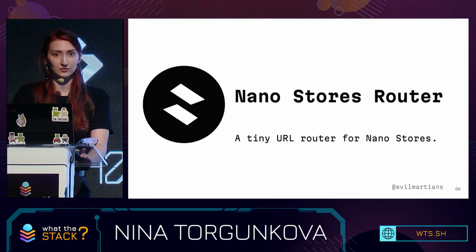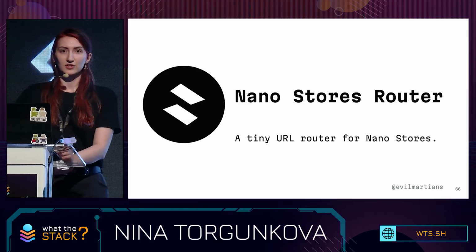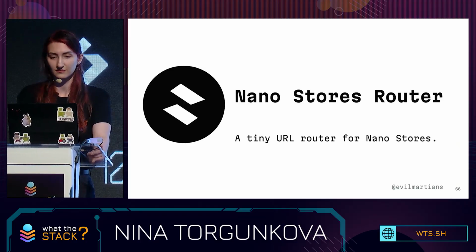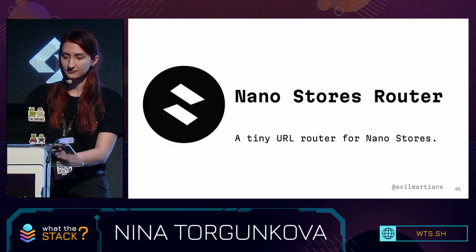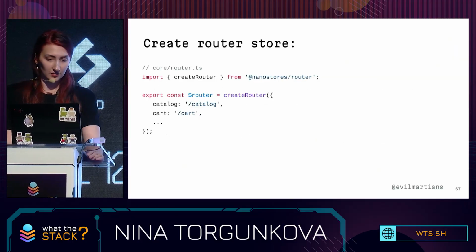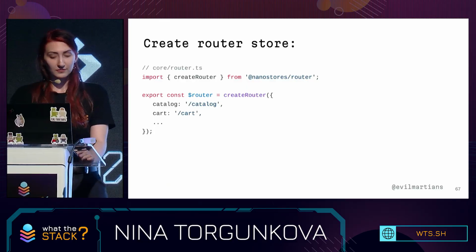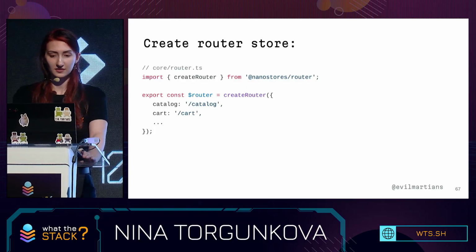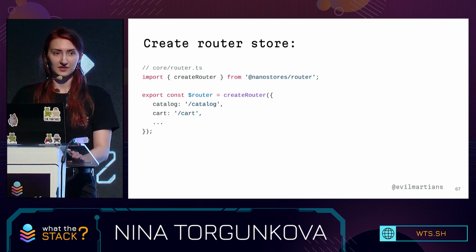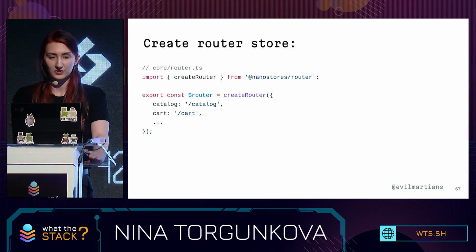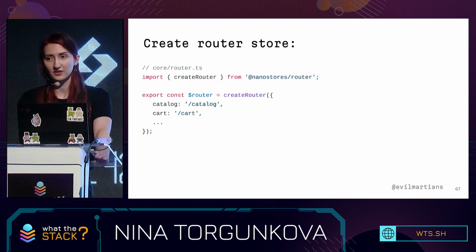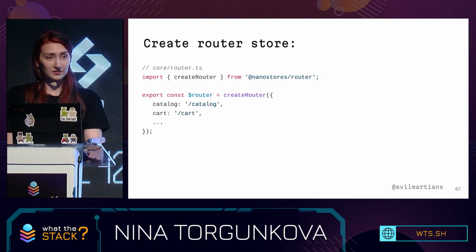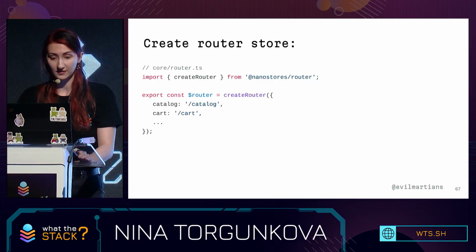It's a tiny URL router for Nano Stores, which allows us to create router object and treat it as a plain store. So here we create router store using the method from Nano Stores router, and this method receives an argument that's an object of correspondence of routers and their URL patterns. They can be written as strings or as regular expressions.